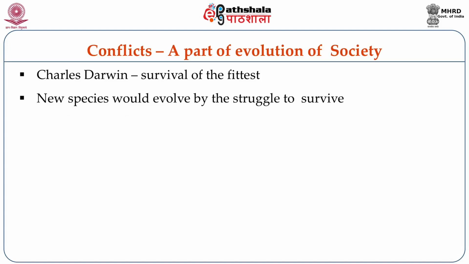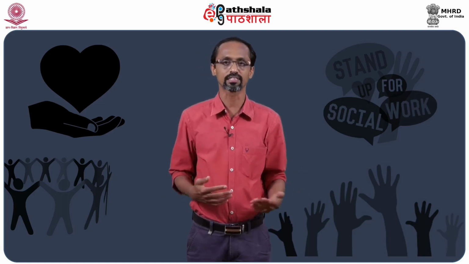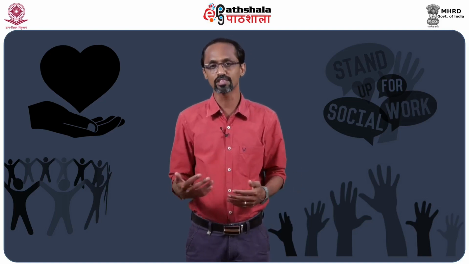So there is a competition, an interaction to dominate and survive in a fierce conflict. Darwin's theory of evolution itself talks about a conflict which exists in society, which is the basis for the evolution of humankind.